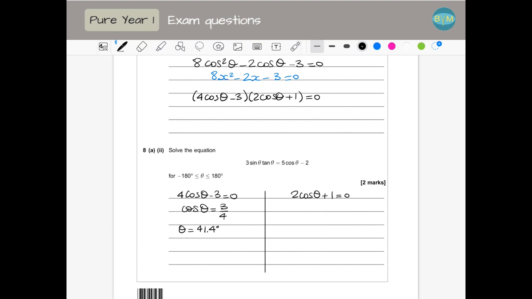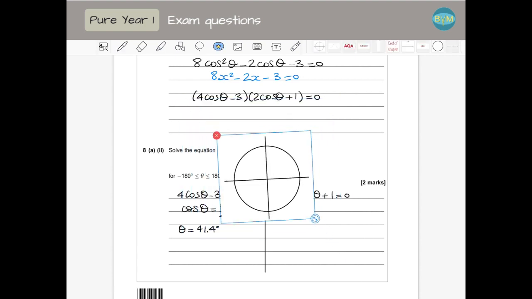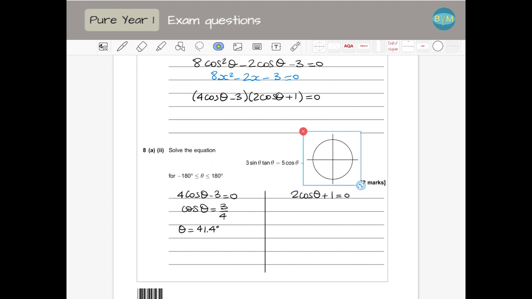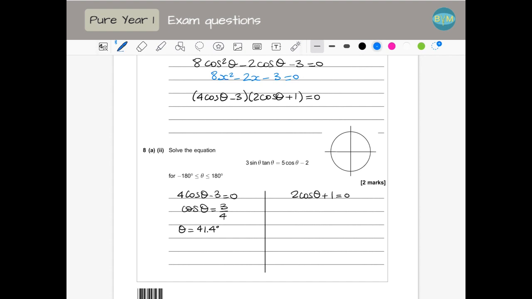If you remember, we can do this using the circle. It's really up to you. You can use the CAST diagram, but I would use the circle. So we know the 41 degrees is somewhere here, and I need another angle that has the same cos. And cos, remember, is the x.